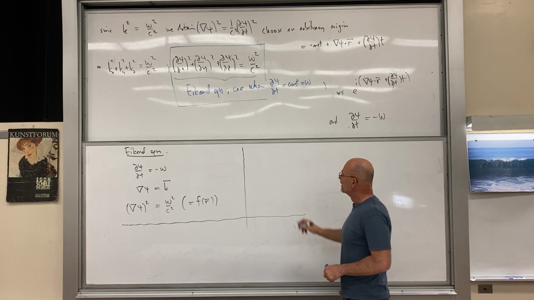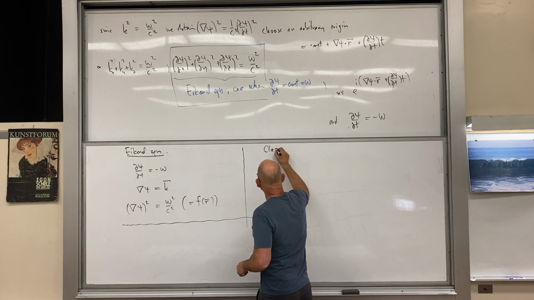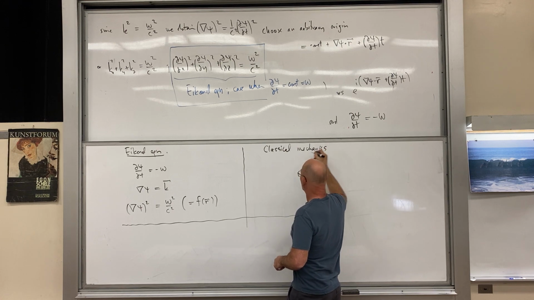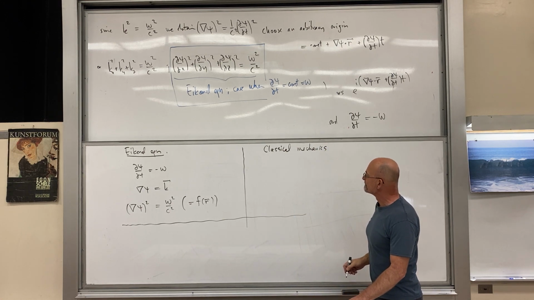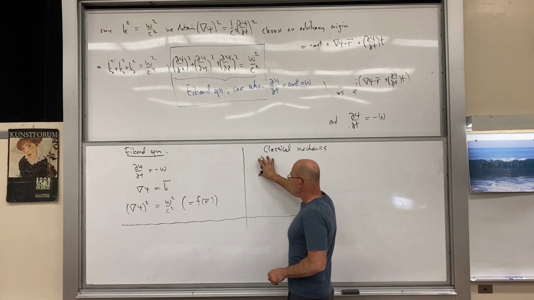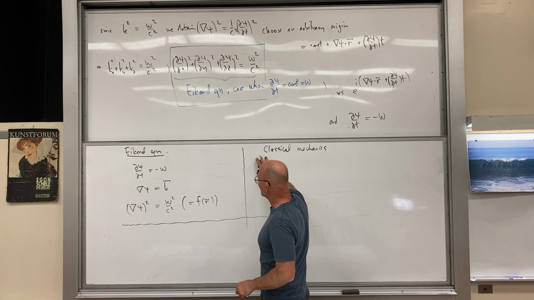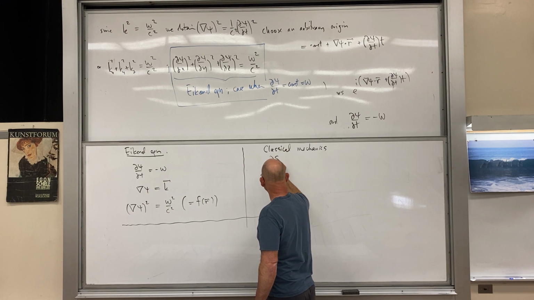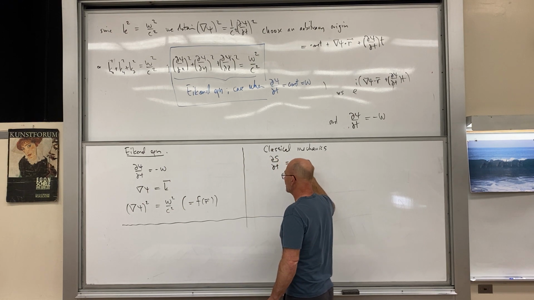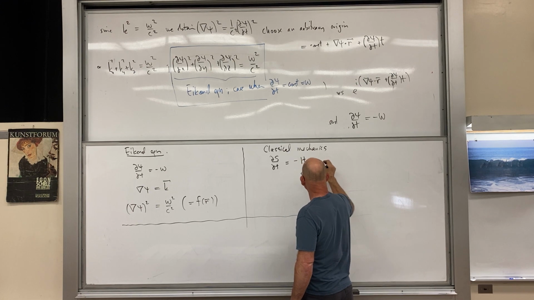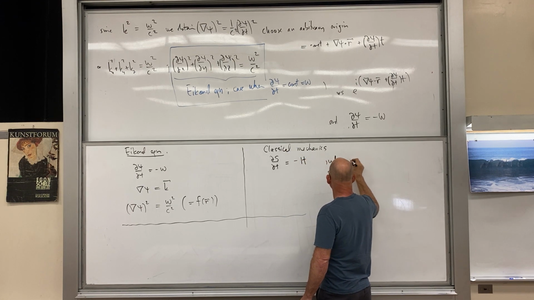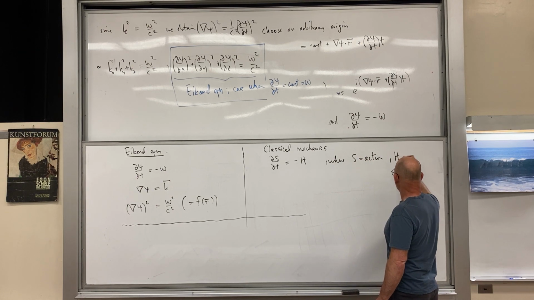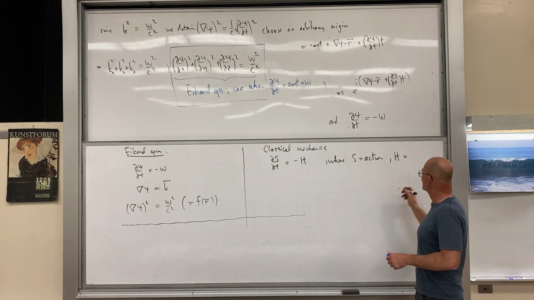Okay, so classical mechanics. Here, these are the equations in classical mechanics that are related to this. You have ∂S/∂t is equal to minus H, where S is the action, H is the Hamiltonian, the energy.